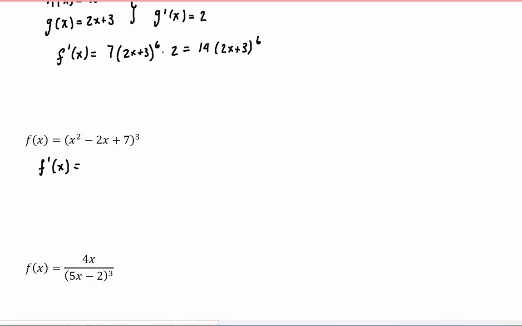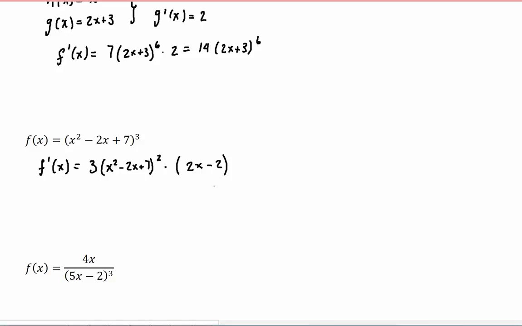So this would be derivative of the outside is 3, whatever you feed it, squared, and you want to copy the inside, so x squared minus 2x plus 7, barely fit it in there, times the derivative of the inside. So basically the derivative of the outside evaluated at the inside times the derivative of the inside, which is 2x minus 2 plus the derivative of 7, which is 0.